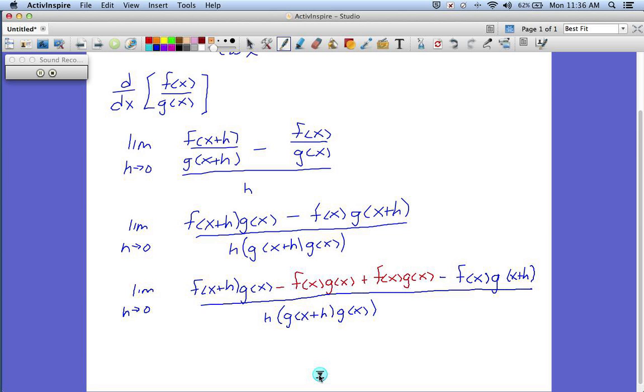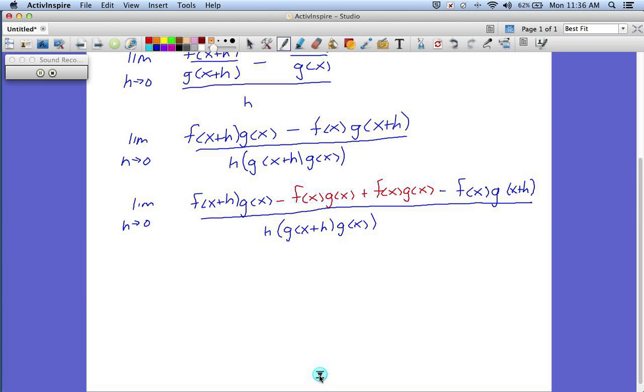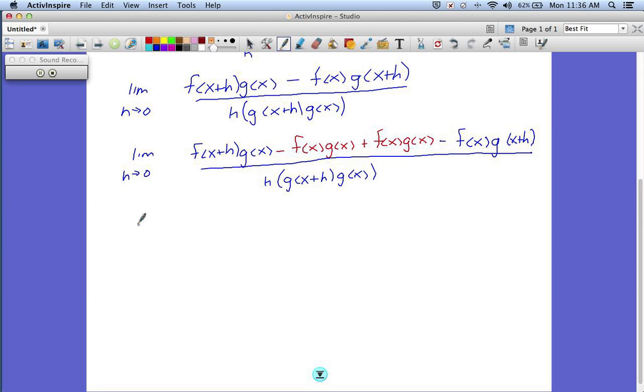And at this point, we're going to start separating it up to give it some more meaning to what we are attempting to do here. So the first thing I can do is take a g of x out of right here. If I pull that g of x out, I'm left with f of x plus h minus f of x.